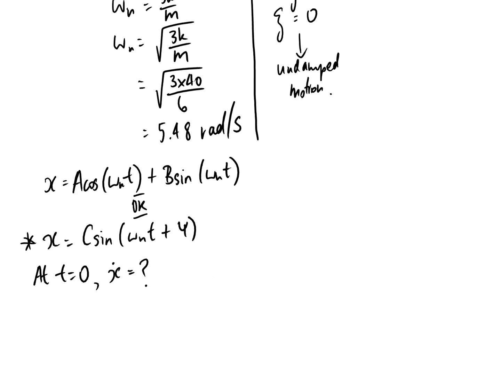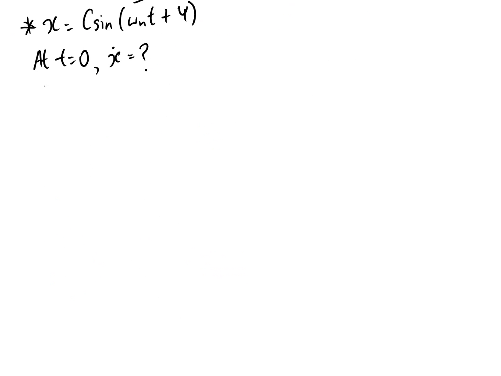So that's going to mean that at t equals 0, x is equal to 0. But we're given this little extra piece of information where it's got to bounce between negative 0.1 and positive 0.1. And from looking at this sine wave equation, we know that the amplitude is c, so it's got to be 0.1 meters.